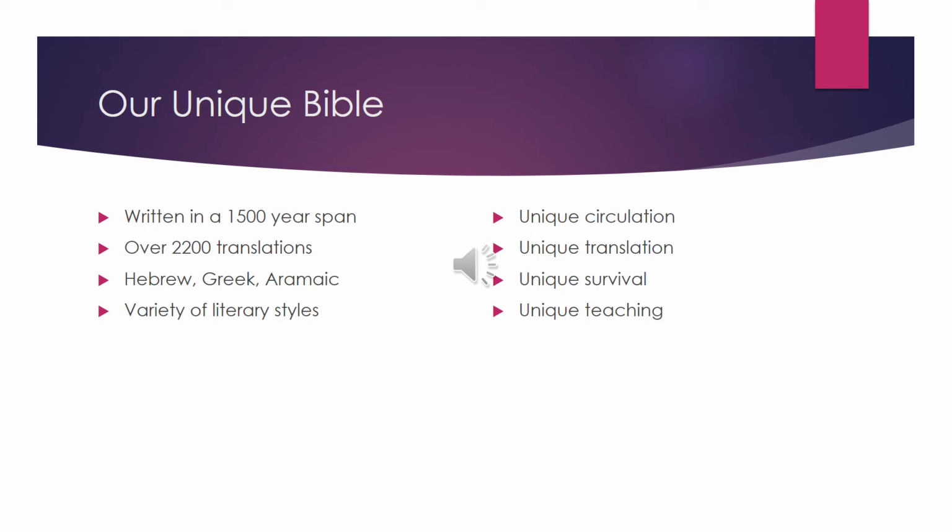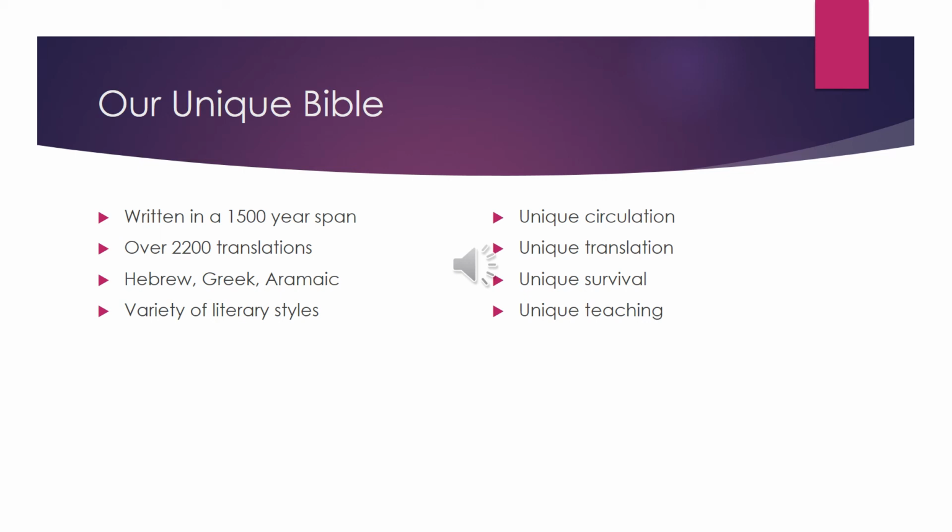Talked about how it was written in over a 1,500 year span with 40 different authors from every walk of life: kings, peasants, military people, tax collectors, fishermen, from different places and continents like Asia, Africa, and Europe, different times, different moods, three different languages, Hebrew, Aramaic, and Greek, and several different varieties of literary styles like poetry, history, narrative, and song.